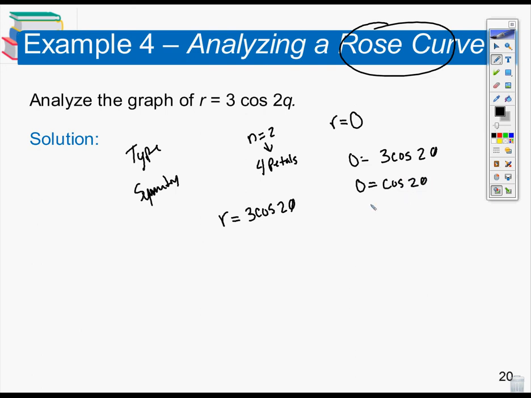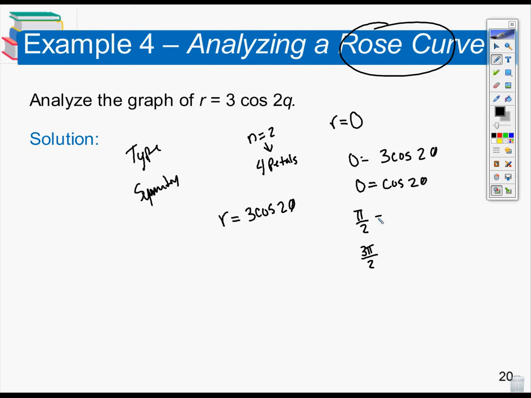So now when is the cosine of theta 0? Well, the cosine of theta is going to equal 0 at pi over 2 and at 3 pi over 2.